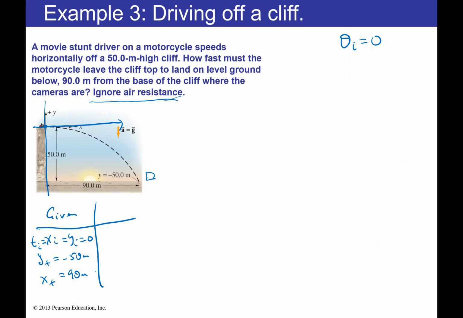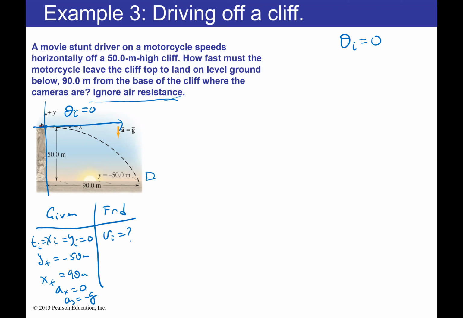Okay. What else are we given? It doesn't seem like anything else, but remember it's a projectile problem, so AX equals 0, AY equals negative G. Those are also very important things to know. What do we want to find? We want to find how fast it was moving, that means initial velocity. And another very important thing we're given here is that theta initial is 0.